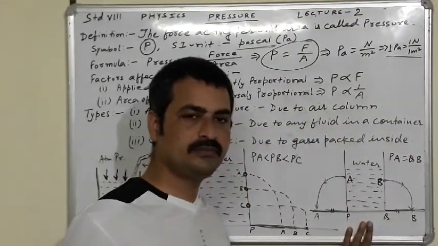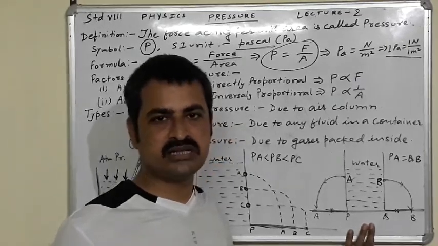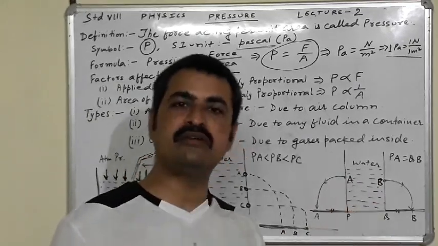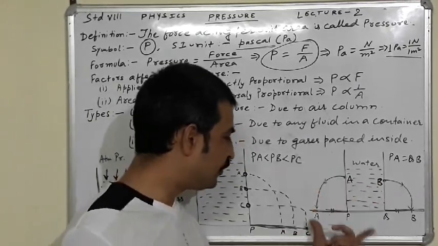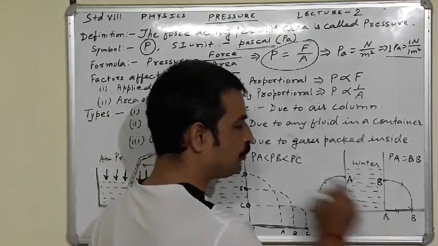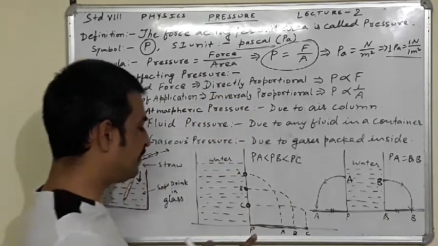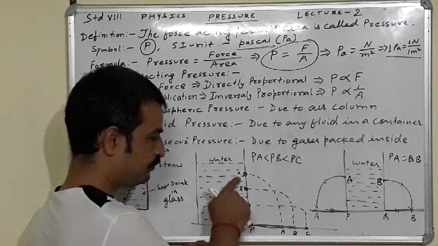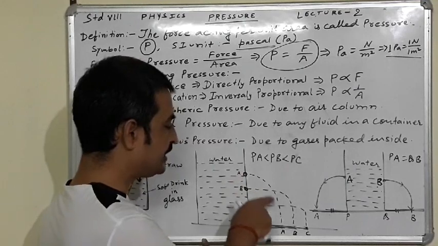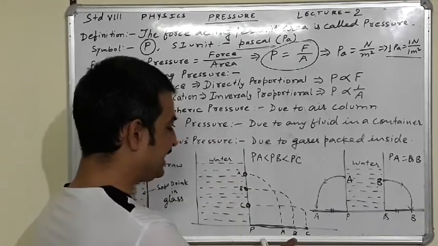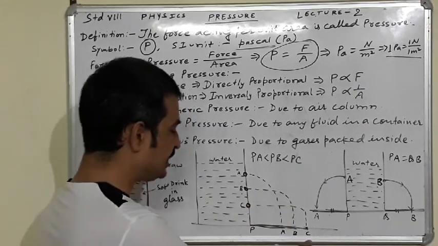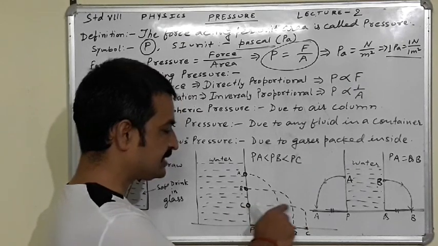In this diagram, in this activity, I would like to make you understand that when both holes are made at the same level, water falling from both lands at the same distance. Here we have AP equal to QB, but in this diagram we have PA. A is the point where water from hole A is meeting, B is the point where water from hole B is meeting, and C is the point where liquid from hole C is meeting.